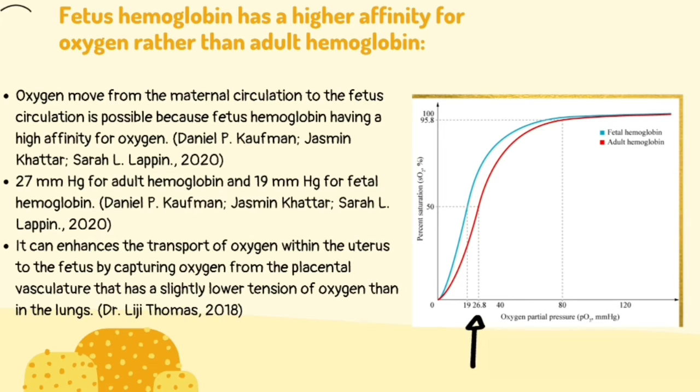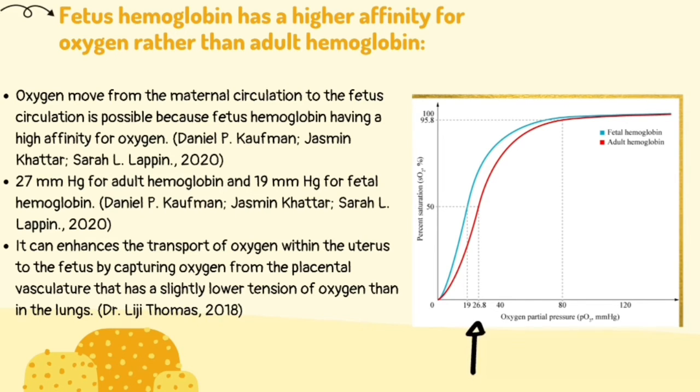This is because fetal hemoglobin is important in transporting oxygen from maternal to fetal circulation. The movement of oxygen from the maternal circulation to the fetal circulation is possible because fetal hemoglobin has a high affinity for oxygen.